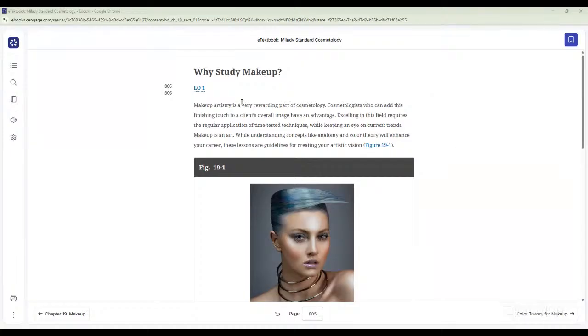When we look at makeup artistry, it is a very rewarding part of cosmetology. I don't know if you guys saw, but they're now trying to remove makeup from cosmetology and makeup from aesthetics. They've already removed braiding. You have to have a braid certification. They pulled natural hair out. Natural hair is a license by itself, 300 hours.